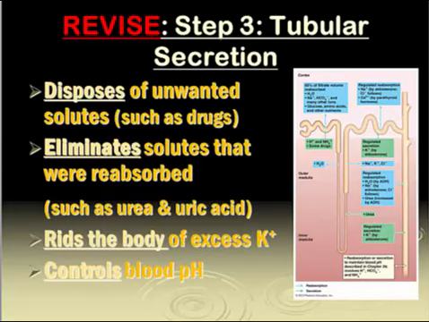Remember, urea was a nitrogenous waste product produced by your liver and eliminated by your kidneys. We're also going to eliminate metabolites from digestion, as well as breakdown products of drugs that we've consumed. But not all drugs are actually broken down completely. You can find pharmaceuticals from urine in the water supply.